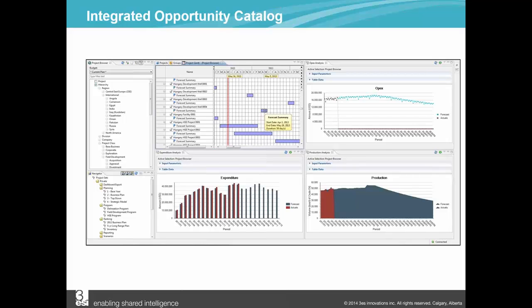I'd like to take you on a tour now through that vision and how it translated into this particular tool and what that tool enabled that business unit to do.